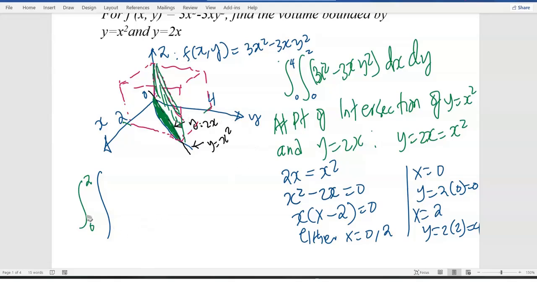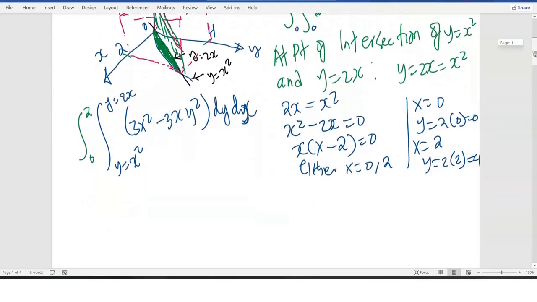Where x is equal to 0, we are going to move integrating the side of y, from y is equal to x squared up to y is equal to 2x, of 3x squared minus 3xy squared, with respect to y, and with respect to x.